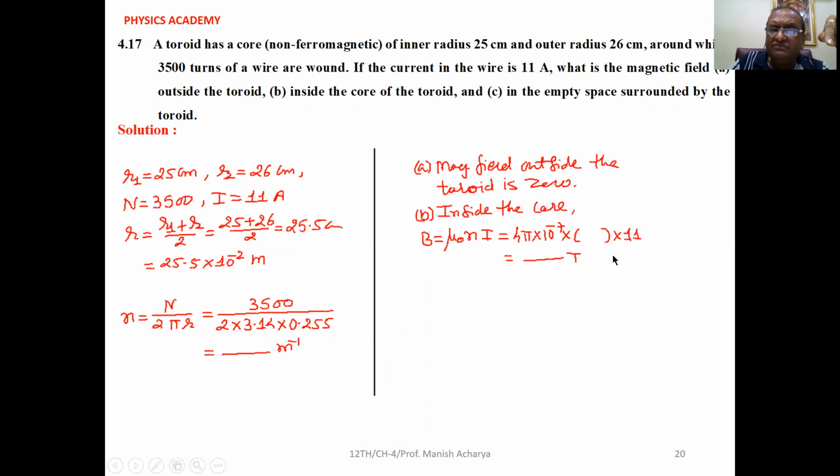Substitute the value of small n, which we calculated here, and I, that is 11 ampere. Solve it, you will get the value of B inside the core. Then the field in the space surrounded by the toroid, that is also 0. In theory, we proved this thing. Clear to all of you?